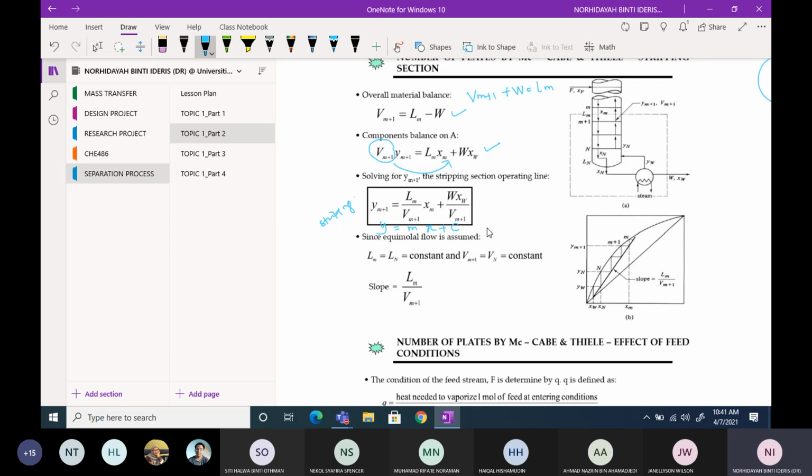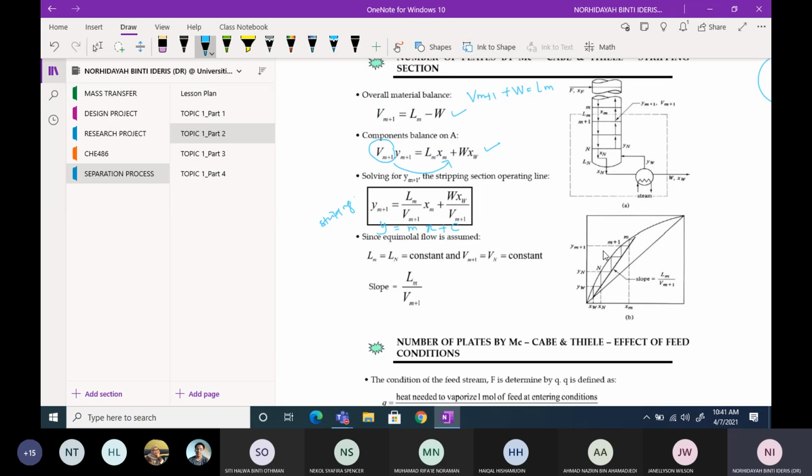We assume that it's an equimolar flow, so you know that Lm is equal to Ln. So that means the molar flow entering along the trays is the same. To simplify, we assume it constant, even though in reality the molar flow rate is going to fluctuate from one tray to another.